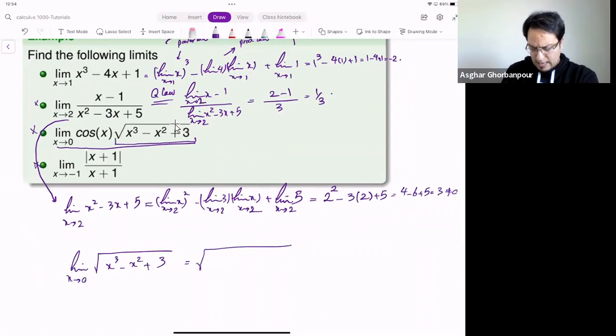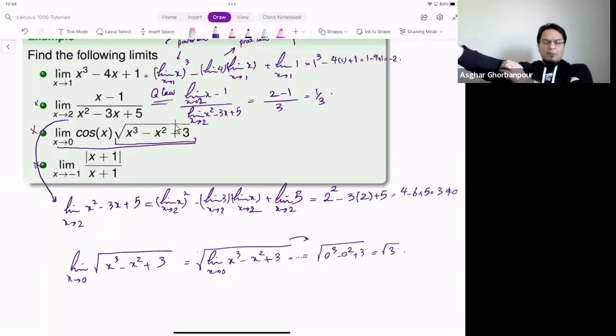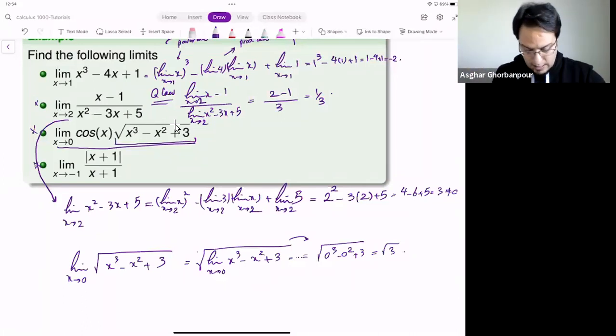By the general observations that we have been making here, I can say that this is the square root of 0 cubed minus 0 squared plus 3, and that's root 3. That's good. How about cosine?